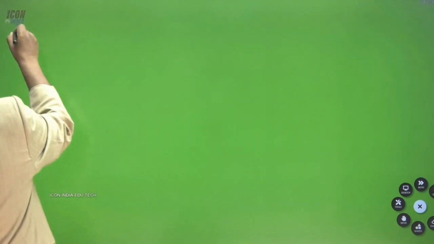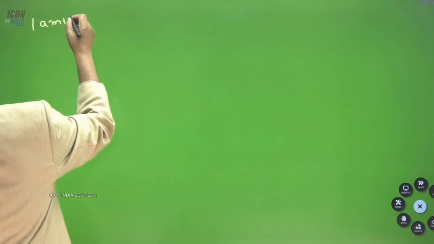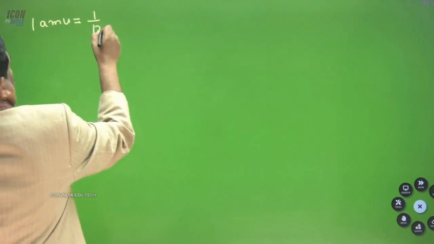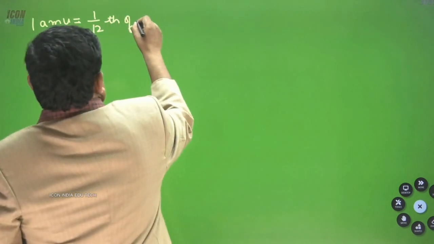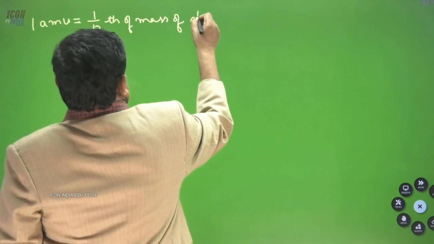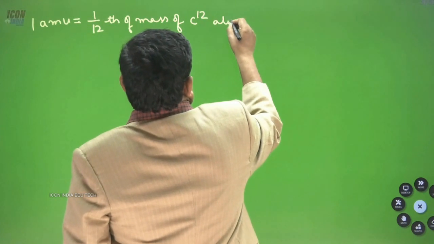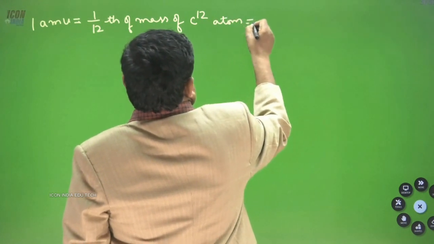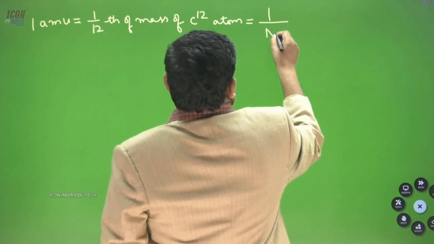Therefore, we can write 1 AMU as 1/12 of the mass of a carbon 12 atom. This is the reciprocal of Avogadro number.